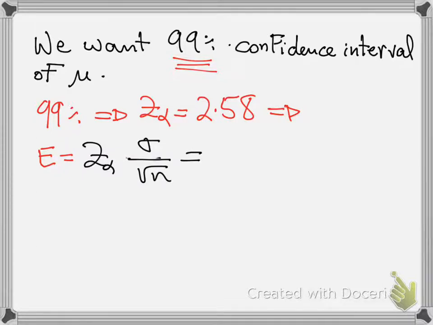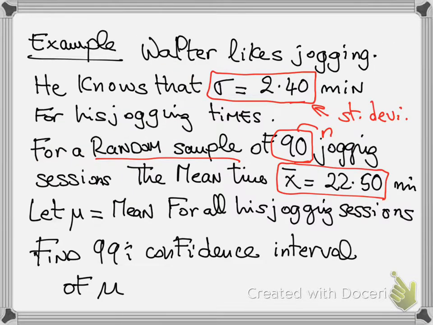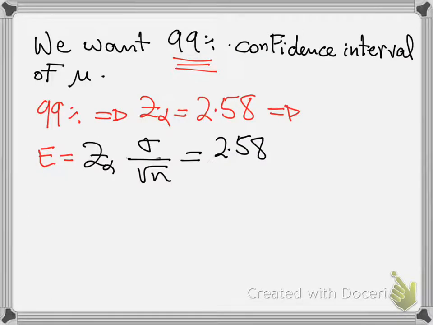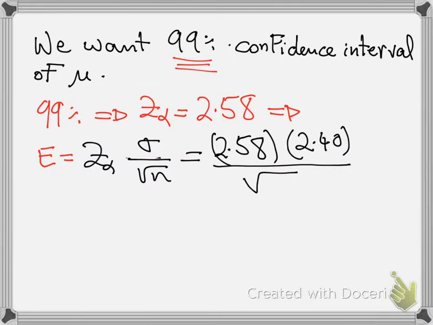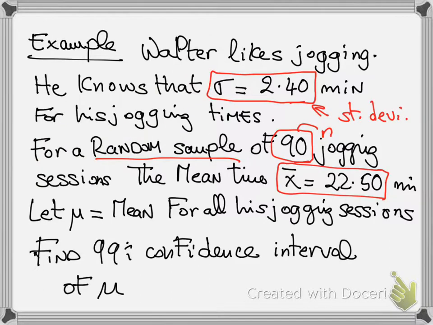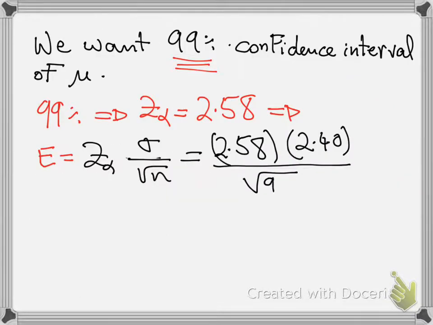Z alpha, from our table, is 2.58, times sigma, the standard deviation, which is 2.40, over the square root of n, and n is 90. So that will be equal to 0.65.